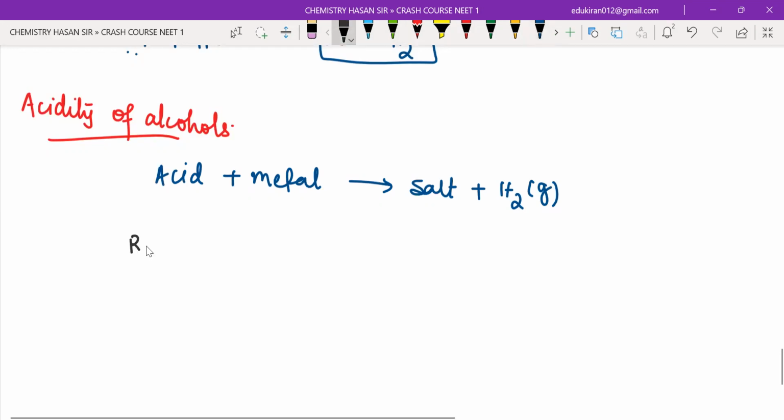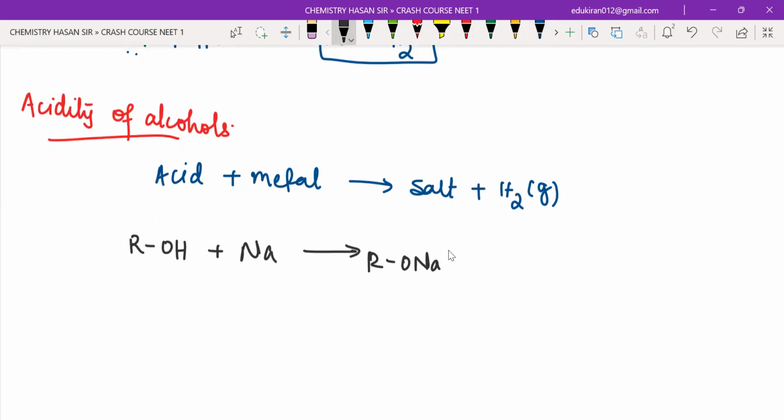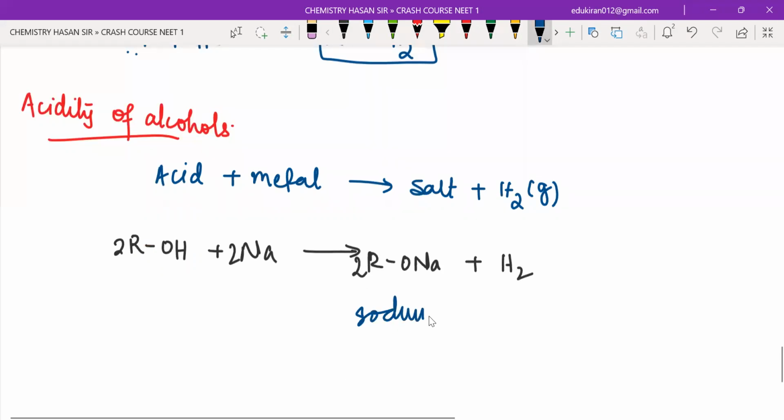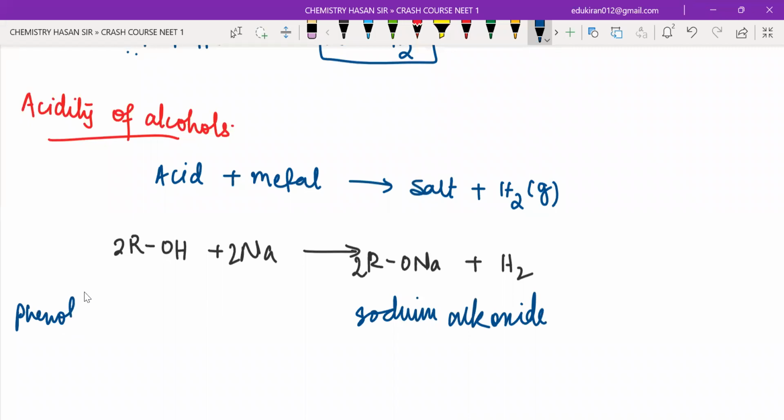So if you react an acid, that means alcohol, with metal, you will be getting a salt with hydrogen gas, and this has the name sodium alkoxide. Also remember, phenol reacts in the same manner.